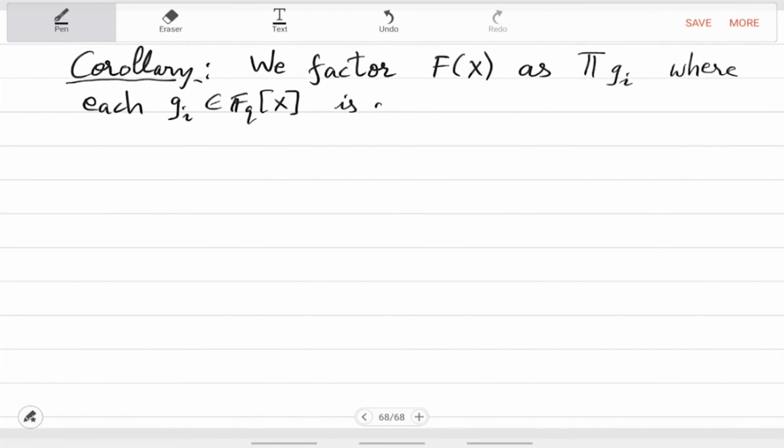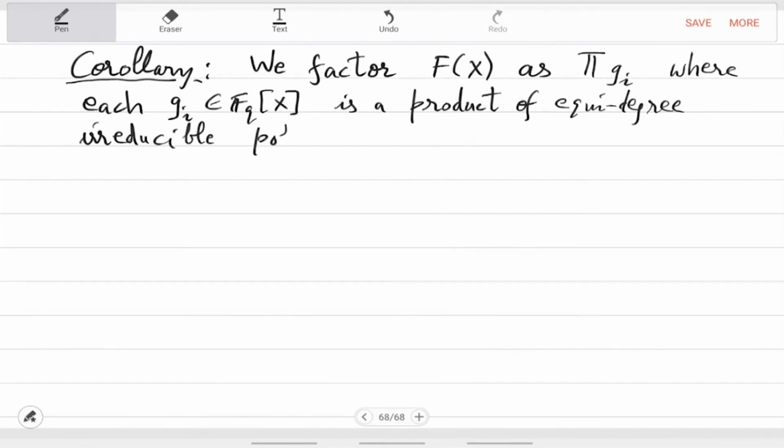It is a product of equidegree irreducibles. So this code is also called equidegree factorization of big F.